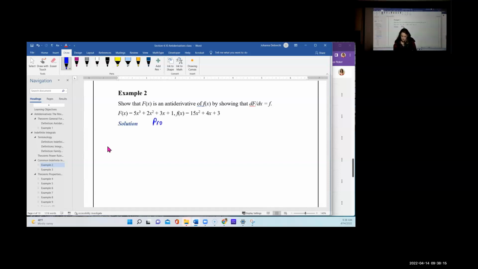So we want to prove that F of x is an antiderivative, not the antiderivative. There are infinitely many up to constants. So it's an antiderivative of lowercase f of x. So I take the derivative of uppercase F of x, which is the derivative of 5x cubed plus 2x squared plus 3x plus 1.